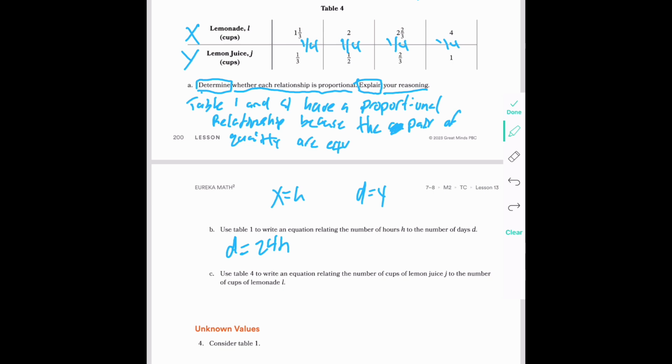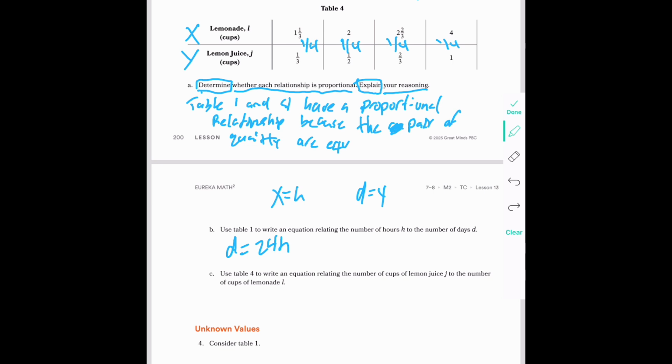And then they ask you to do the same thing for the lemon juice and the lemons in part C. So I actually want you to pause it to see if y'all could put that equation together based off of what you just seen me do. All right.